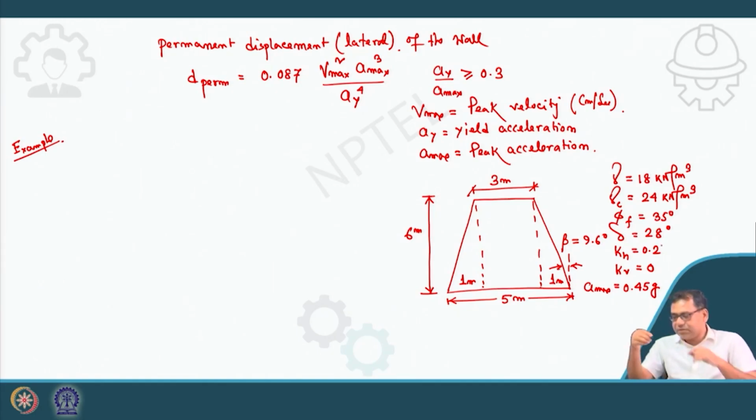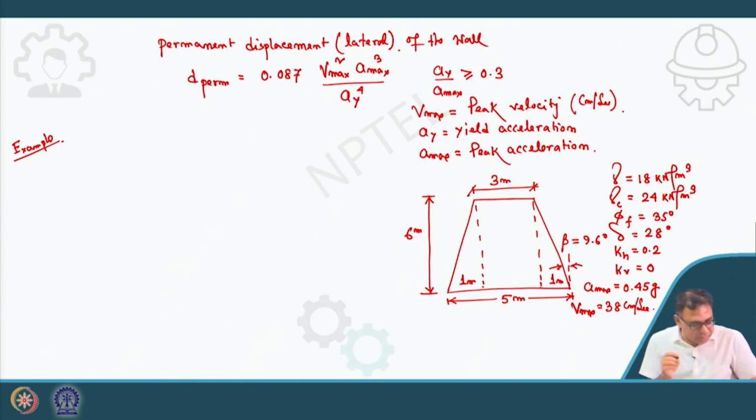Okay, then kh value, if it is 0.45 g, then kh should be around, as I mentioned, half of that, so it will be 0.225. Okay, but I have taken 0.2. Vmax is 38 centimeter per second. Same site response I have taken that I have shown in that example problem.